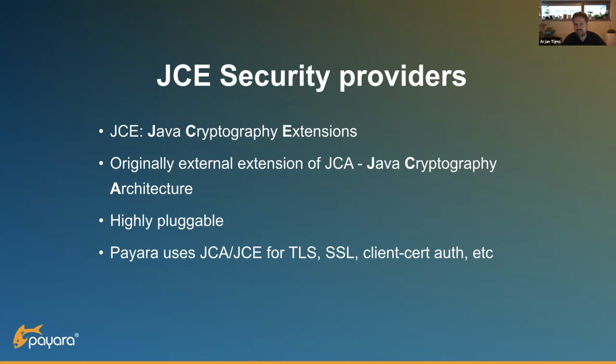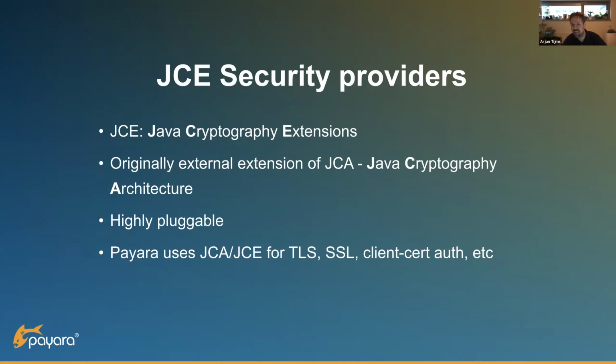There's a number of default implementations in the JDK and a number of external ones that you can plug in. Bouncy Castle is probably the most well-known one, but there are a couple of others as well.